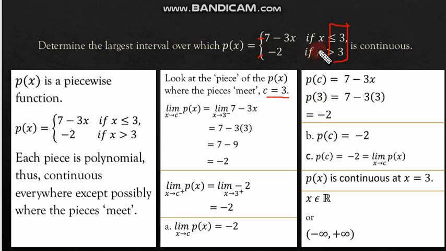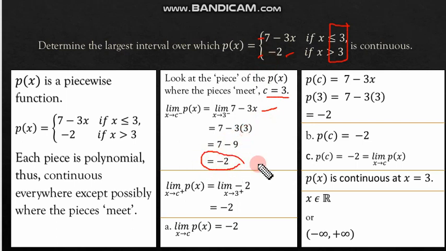For the left side, it means the equation for x less than 3, which is 7 minus 3x, and for the right side, that means x is greater than 3, which is the second equation, negative 2. For the left side, the limit of p of x as x approaches c from the left is the limit of 7 minus 3x as x approaches 3 from the left, so that's 7 minus 3 times 3, so 7 minus 9 is equal to negative 2.